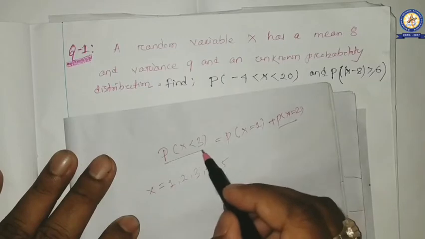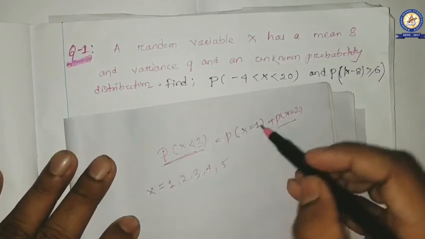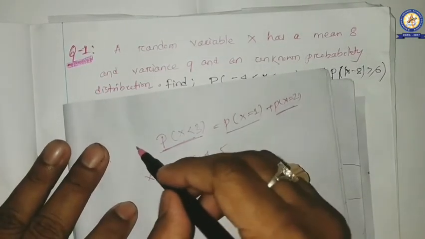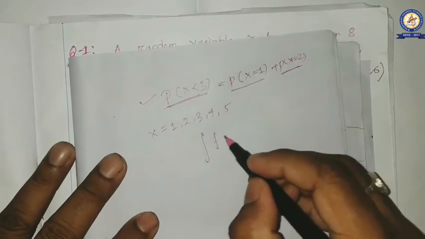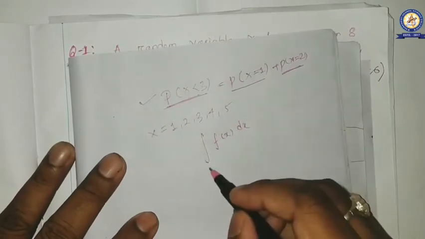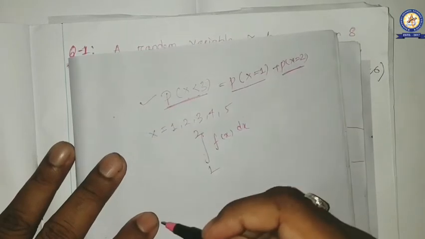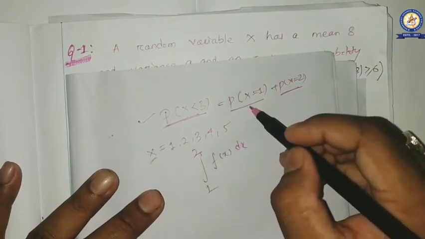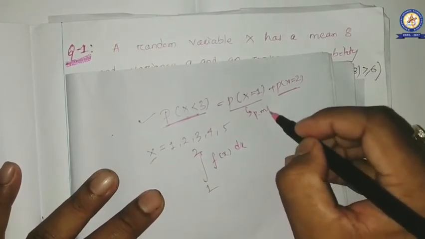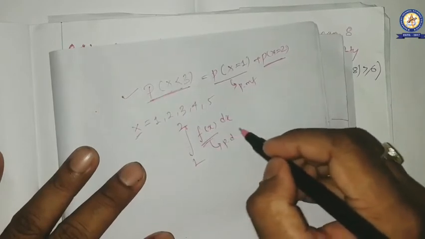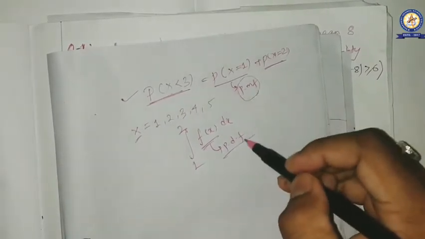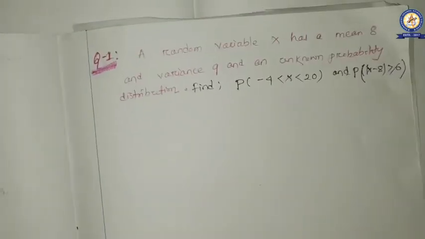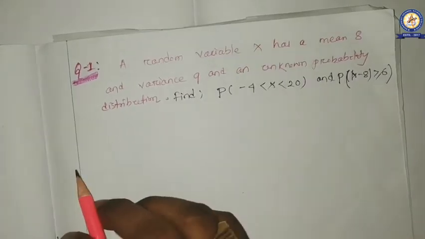For the discrete case we consider these probabilities, and for the continuous case it will be the integral of f(x) dx. That means to find the probability of a random variable we need the PMF or PDF. But if we do not have the PMF for discrete or PDF for continuous, then also we can find the probability by using this inequality or theorem.